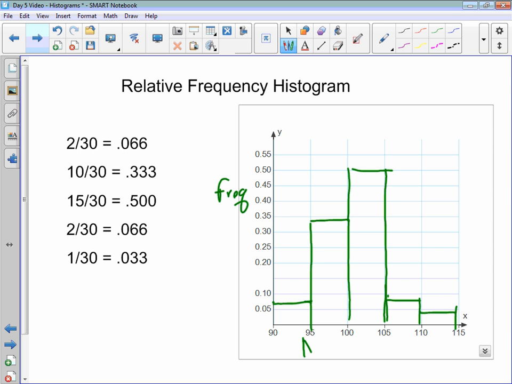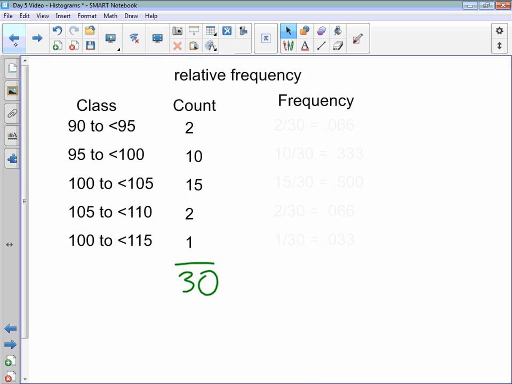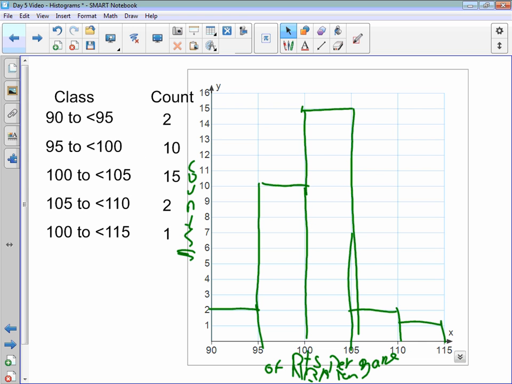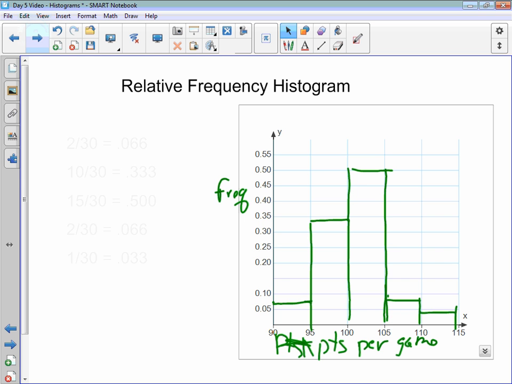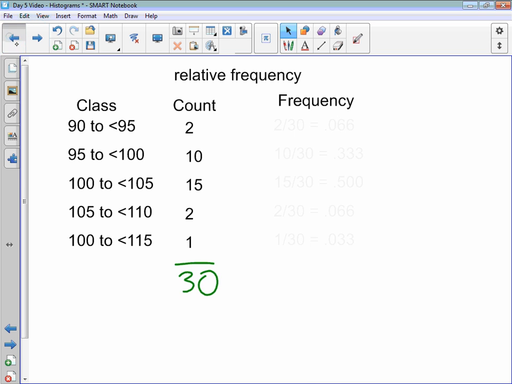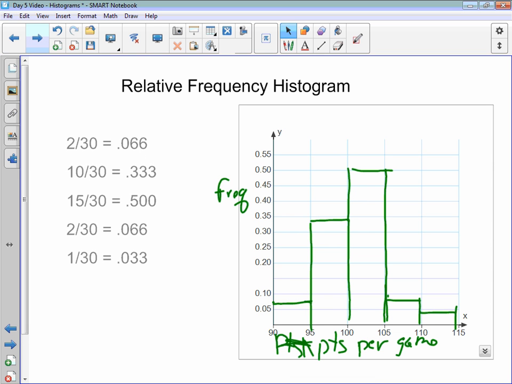This axis is still points per game of NBA teams. Now what you'll notice is even though we changed the scale here, the shape of the graph did not change. The axis changed, so this one's a little bit more stretched out than this one, but the shape itself is actually the same, whether we use frequency or counts.